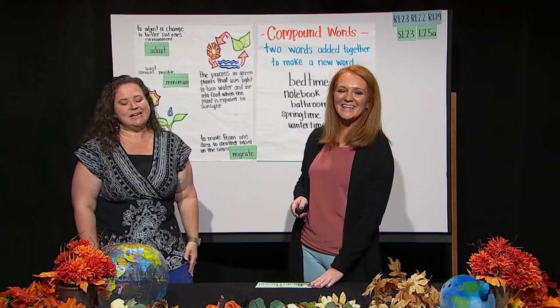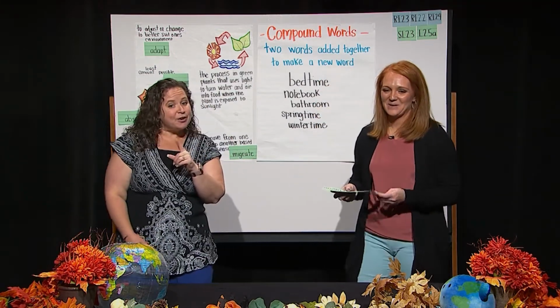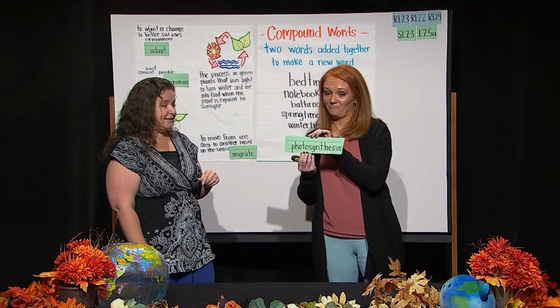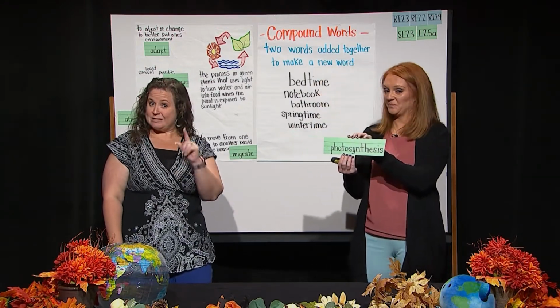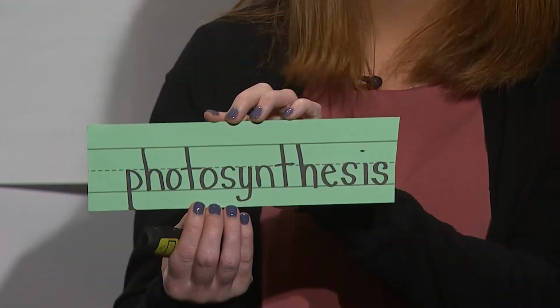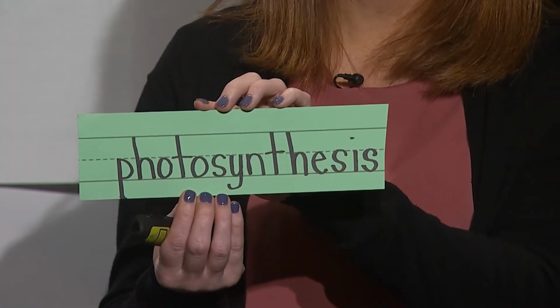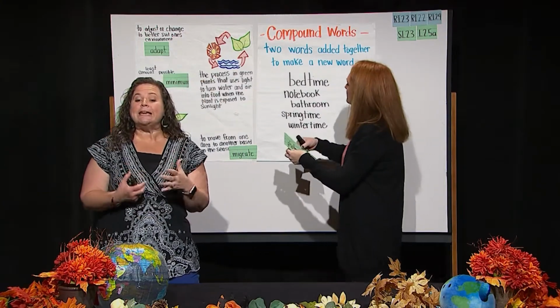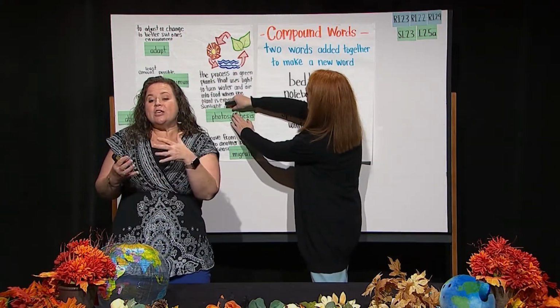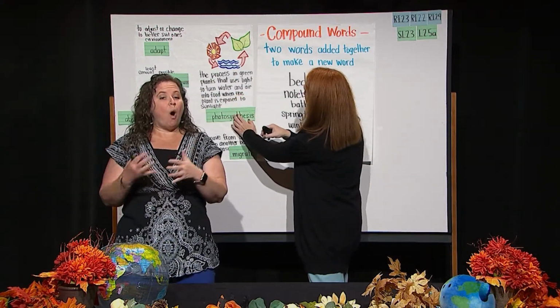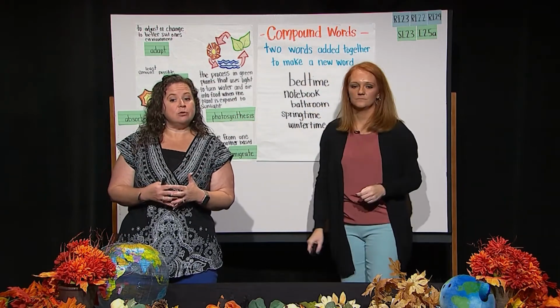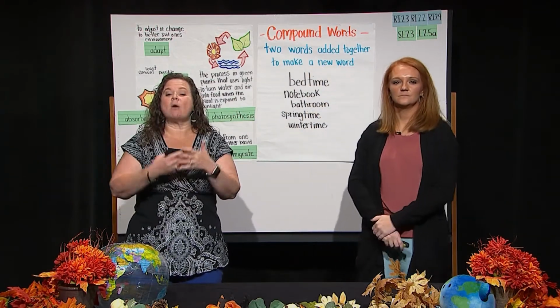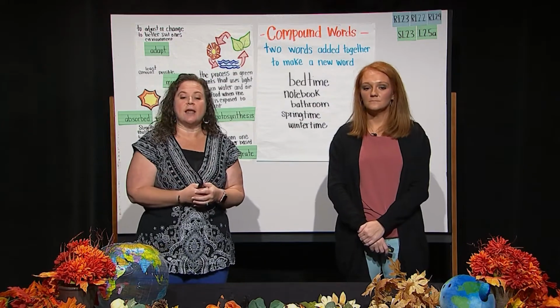Me too. All right, now our last word is photosynthesis. Look at that word. What's the word? Photosynthesis. That's it. Now, that's the process in green plants when they use light to turn water and air into food, when the plant is exposed to sunlight.